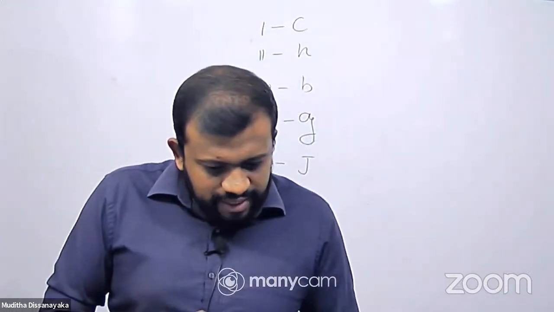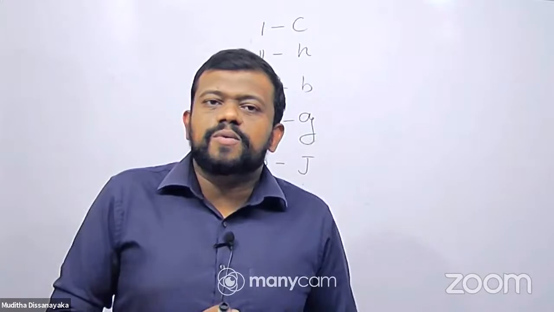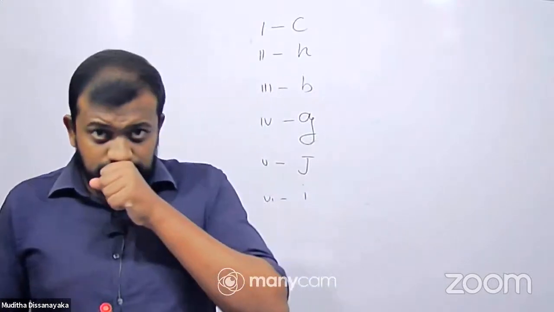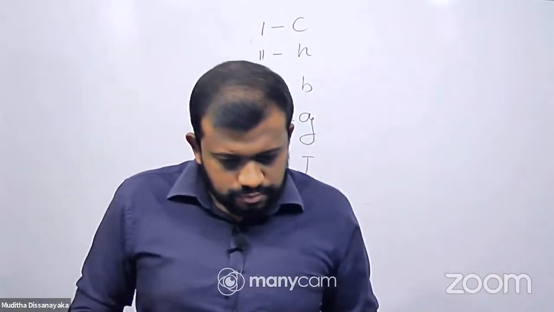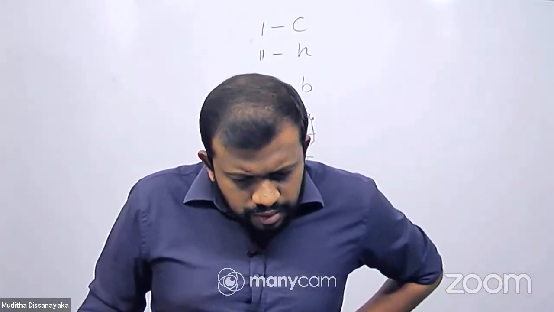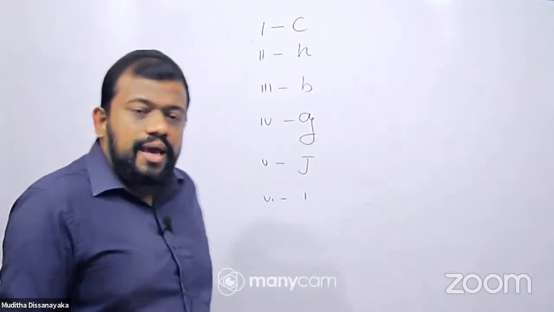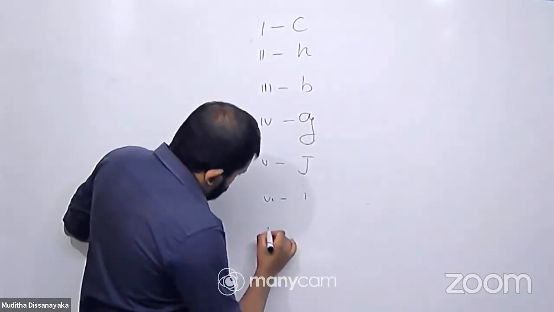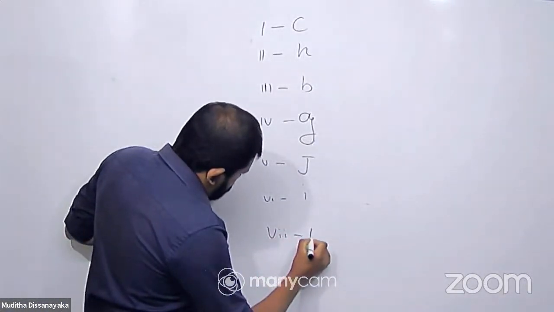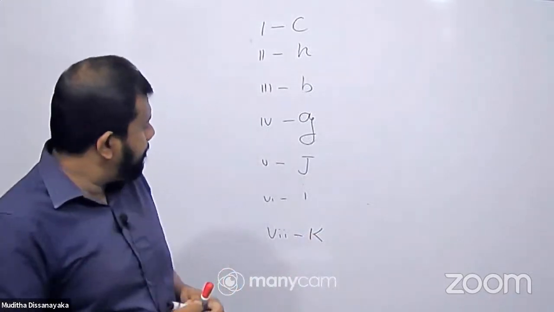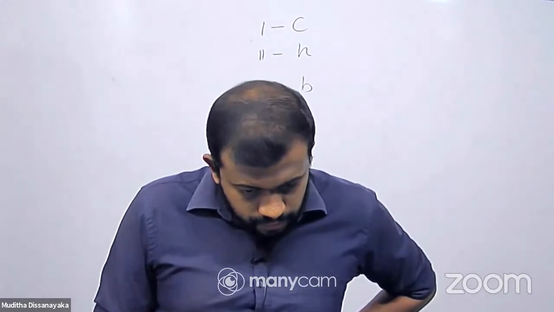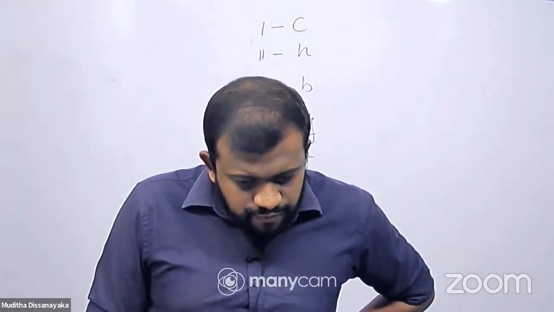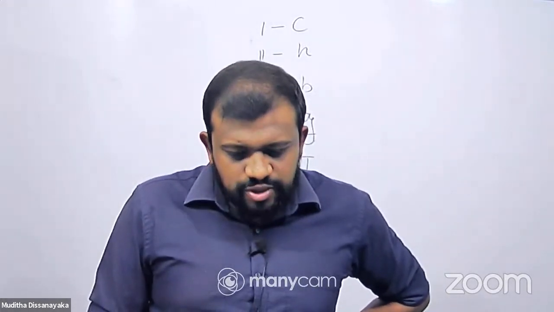An example for a vector quantity. Vector quantity means a quantity which has direction and also a magnitude. Force, K. An example for a heterogeneous mixture.